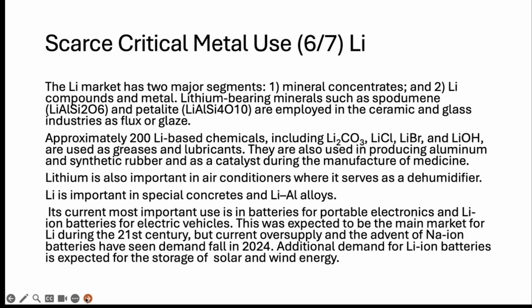And there's approximately 200 lithium-based chemicals, including lithium carbonate, lithium chloride, lithium bromide, lithium hydroxide, used as greases and lubricants. It's important in air conditioners and in concrete and lithium alloys. They don't include in here the fact that lithium is useful as a pharmaceutical to help some mental issues.